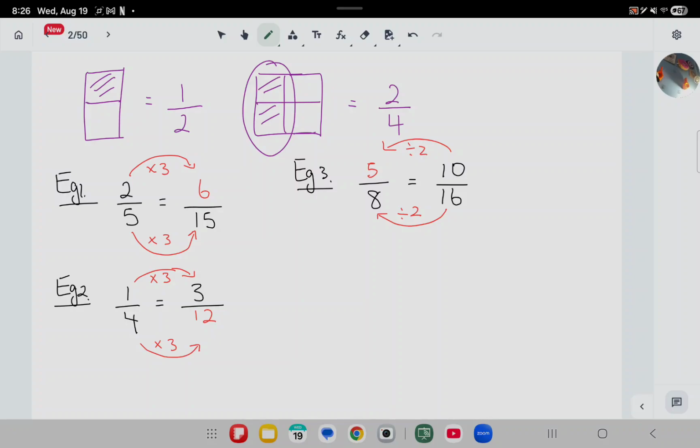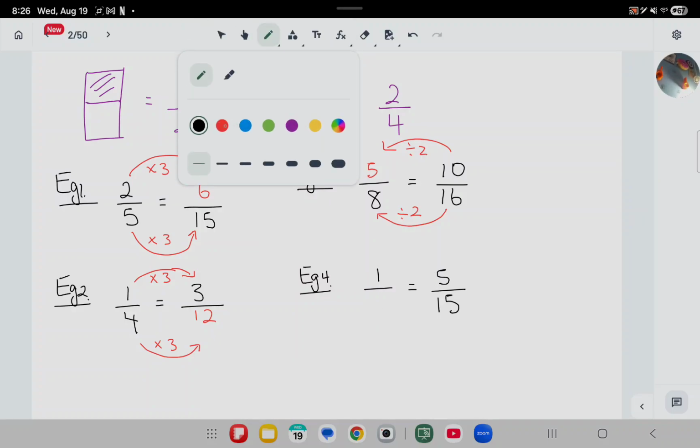Alright, let's look at the next example. Good. So we have 5/15. When this now is reduced, we get 1 over some number.